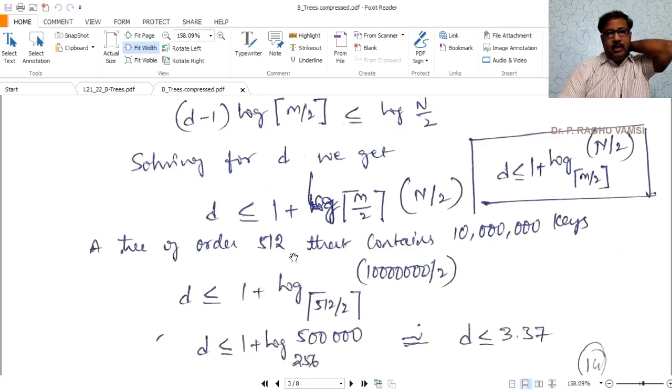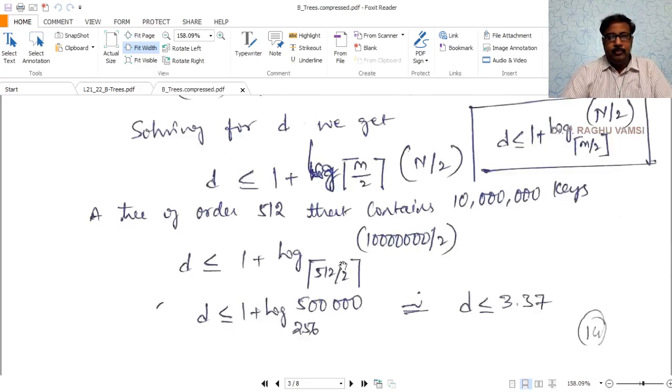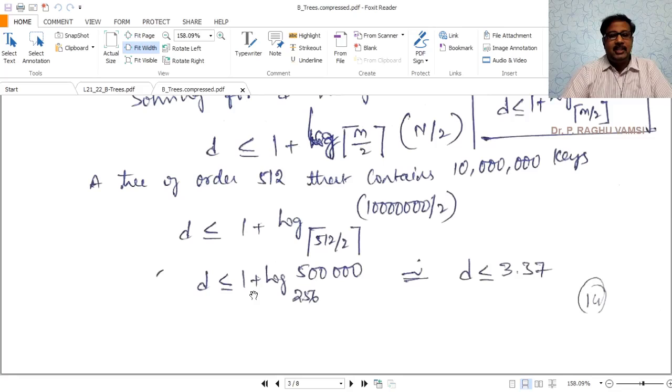Take a tree of order 512 that contains 10 million keys. D is less than or equal to 1 plus log of 10 million by 2, to the base 512 by 2. Here you will get D is less than or equal to 1 plus log of 3 lakhs to the base 256, where you will get depth as 3.37.